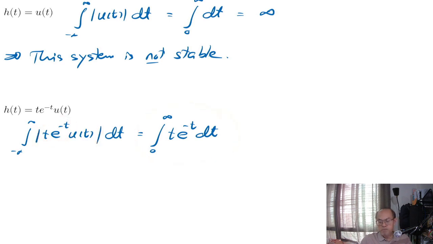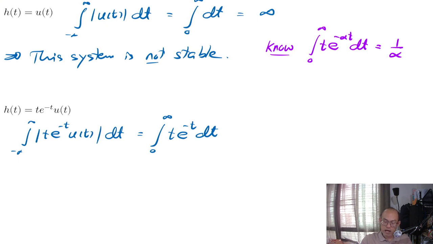So I have this. Now to evaluate this integral, I have a trick for you. We know that the integral from 0 to infinity of e to the minus alpha t dt equals 1 over alpha; you should check this out.